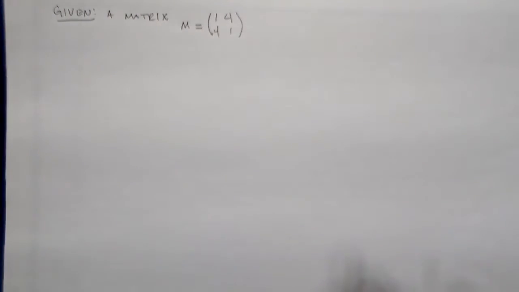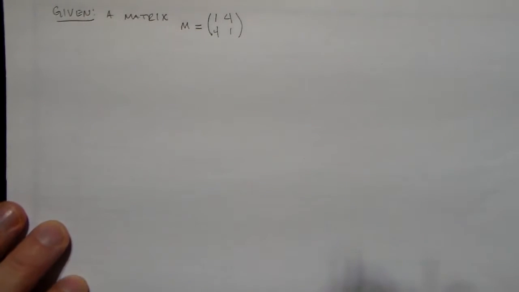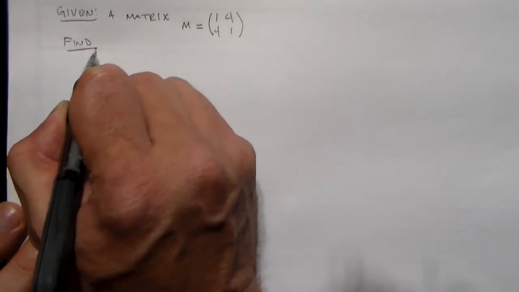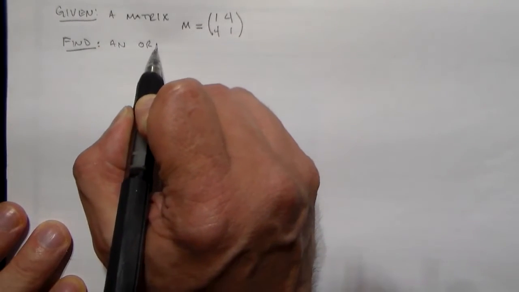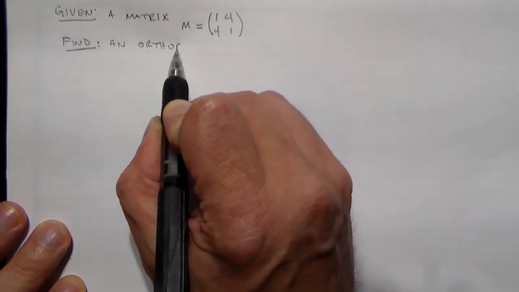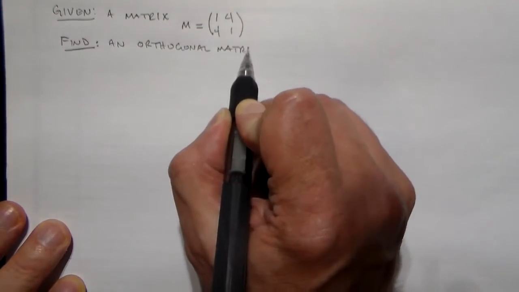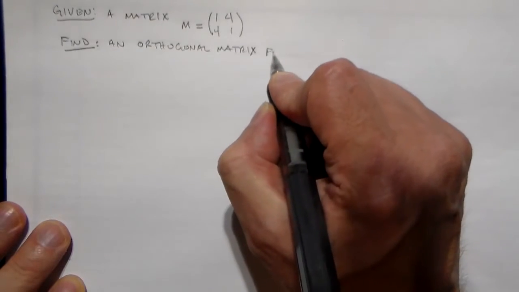Excuse me if I'm using different notation. It's been a little while since I've made these, so the notation might be slightly different from what I was doing previously. And I would like to find an orthogonal matrix from its eigenvalues.